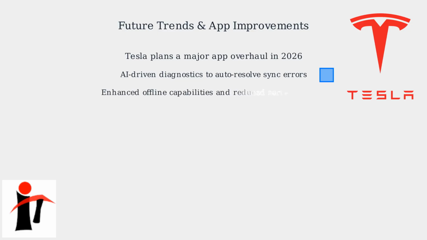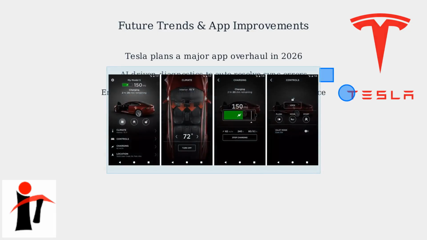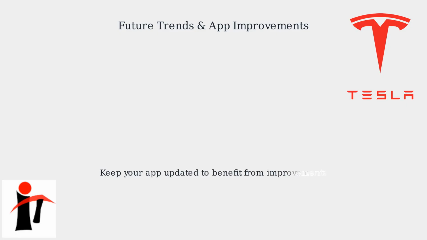Future versions will also enhance offline capabilities, allowing more features to work without constant server connections and significantly reduce reliance on Tesla's cloud infrastructure. To take advantage of these improvements and minimize future frustrations with vehicle renaming, always keep your Tesla app updated to the latest version.